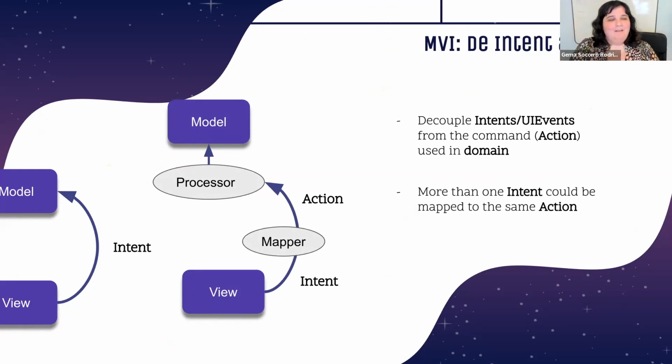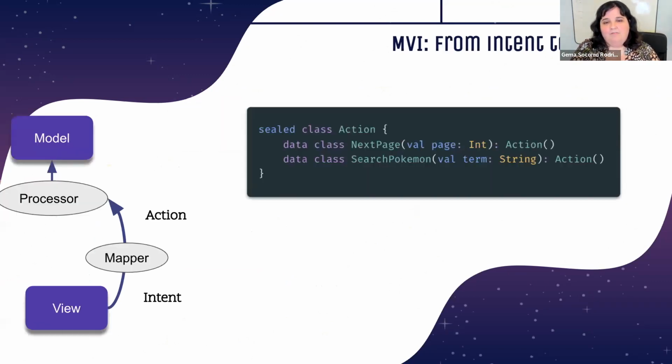For example, if the user writes something in the search box and presses search, it will mean that you have to search the Pokemon. So this will be very useful to decouple the intent from the command itself, also to be able to map more than one intent to the same action. So we can have fewer actions than intents.